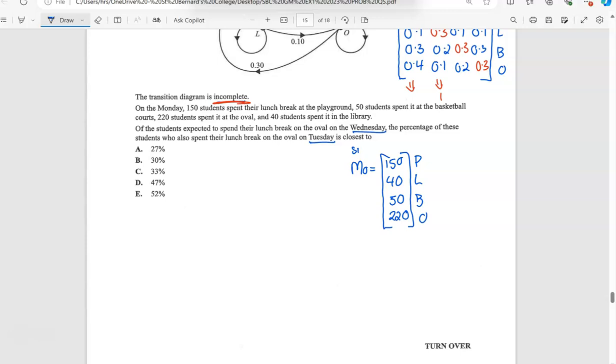Now, I need to know, you can give it S0 if you want. Tuesday would be the next one, so S1. So you can just do the transition times the one before, and we get Tuesday, and I'm just going to write them out: 132, 54, 134, and 140. So you're all aware how I did that?